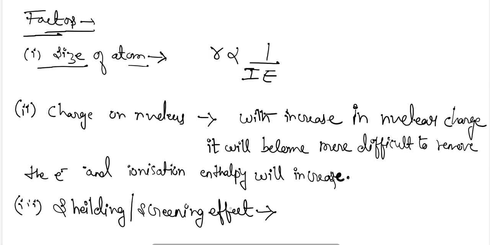Next is the penetration effect of electrons. Here the electron in the S orbital has the maximum probability of being found near the nucleus, and this probability goes on decreasing as we increase the energy of the orbitals. So in the case of P, D and F, the probability of finding the electron near the nucleus decreases.